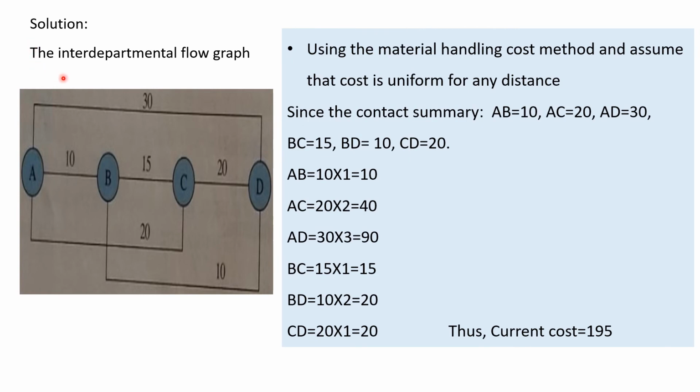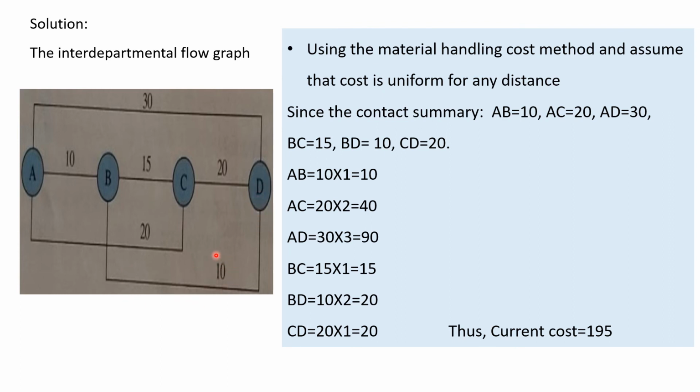Moving to the solution, first let's draw the interdepartmental flow graph. So this is just the existing arrangement, A, B, C, and D. So let's put the contact summary on the line. A and D has a contact summary, or frequency of contact, 30, A and B 10, B and C 15, C and D 20, A and C 20, and B and D has 10.